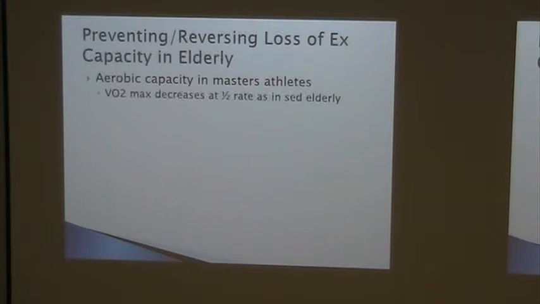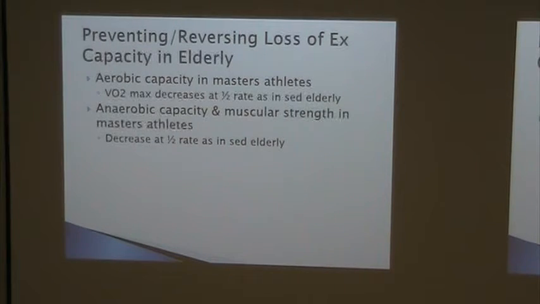So you can keep it higher, definitely, if you exercise. And your anaerobic capacity and muscle strength, you can make changes in that as well. That will increase half as much when you train as you get older as somebody who's sedentary.